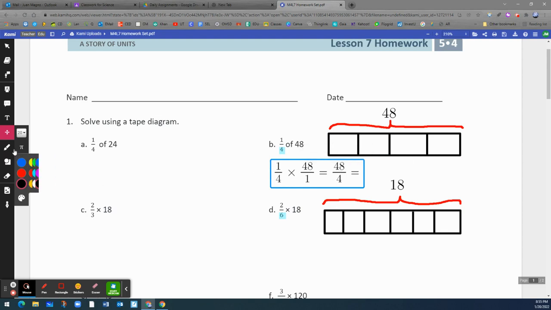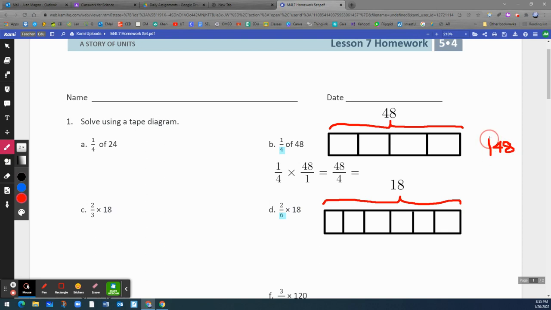So that division will look like this: 48 divided by 4, okay? So the 4 goes into the 4 once. 1 times 4 equals 4, and the remainder from this subtraction is 0.